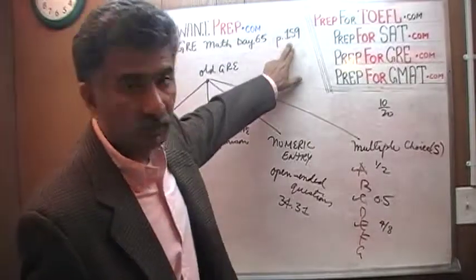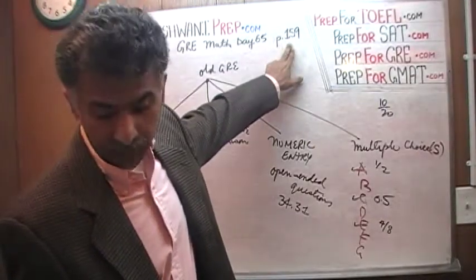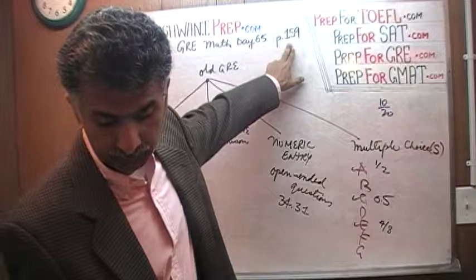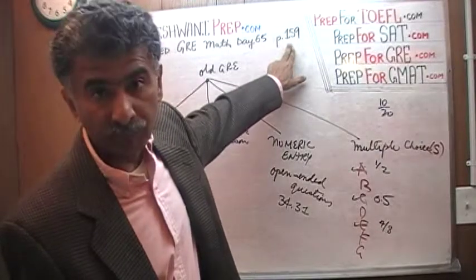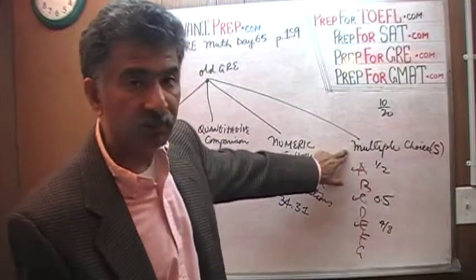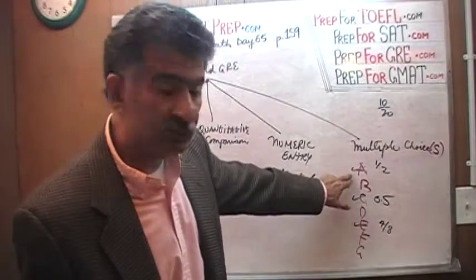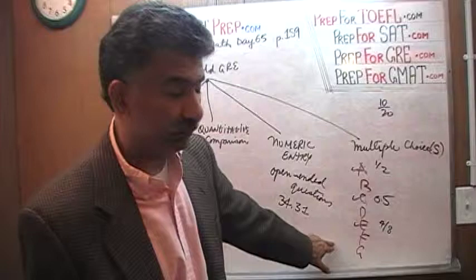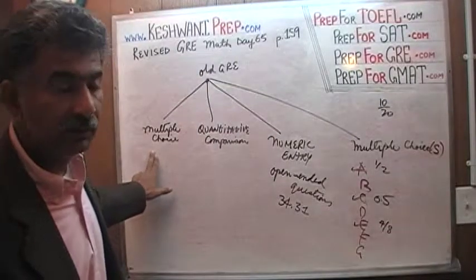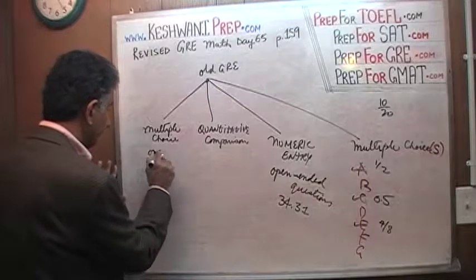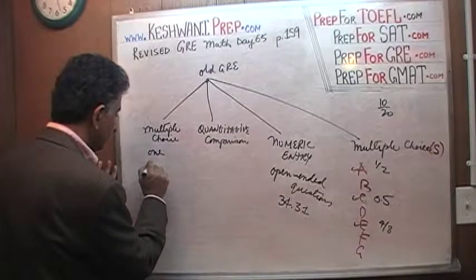We are on page 159. If you turn to page 149, on the bottom of the page, that problem appears where it says select one or more answer choices. So this is a multiple choice question, but here there is more than one answer choice and you must select all of them. Here, this is a multiple choice question in the classical sense of the word, where there is only one right answer.